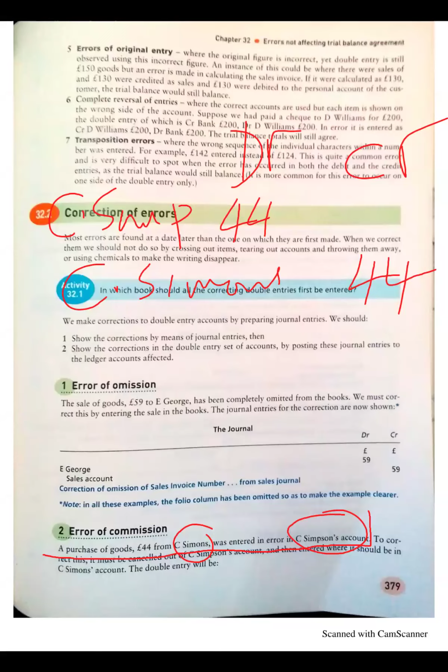I'm showing you how to do the journal entries. To correct, to narrate, you can simply say the error of commission is now corrected.